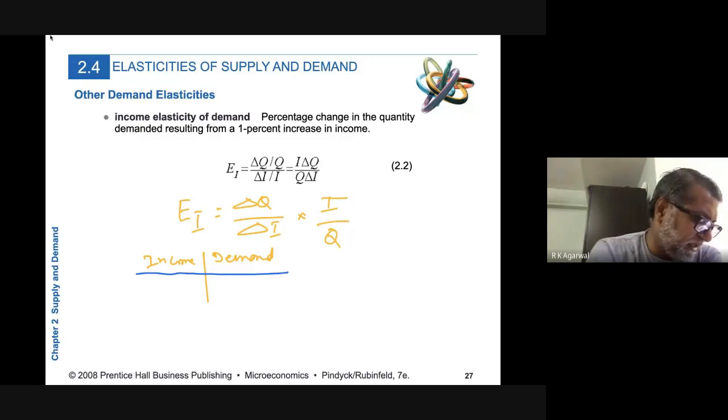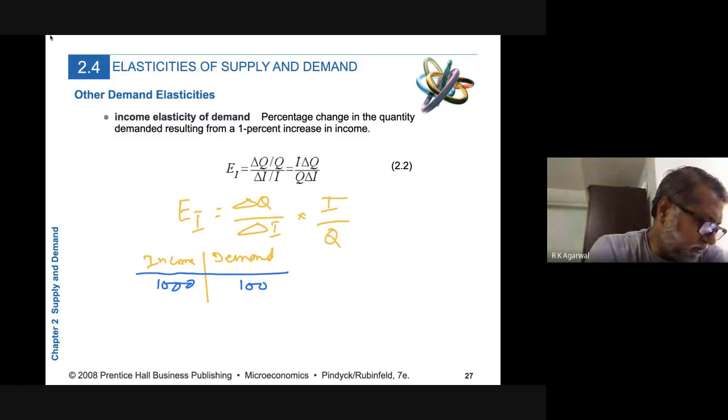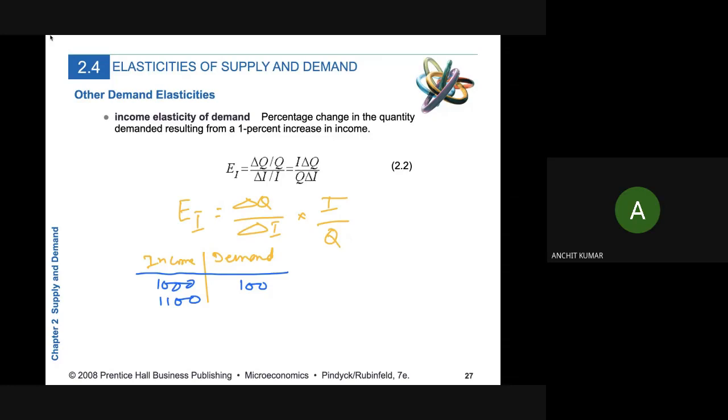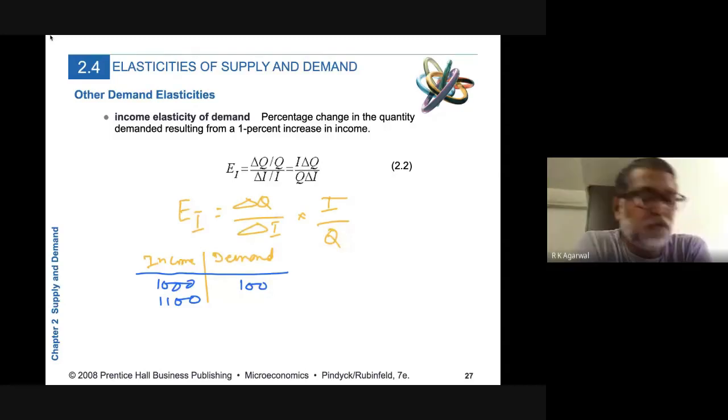Suppose your income is $1,000 per week and your demand is for 100 units. Then your income goes up from 1,000 to 1,100. What will happen to your demand for a product if your income goes up? It will increase. Let us say demand goes up from 100 to 105.